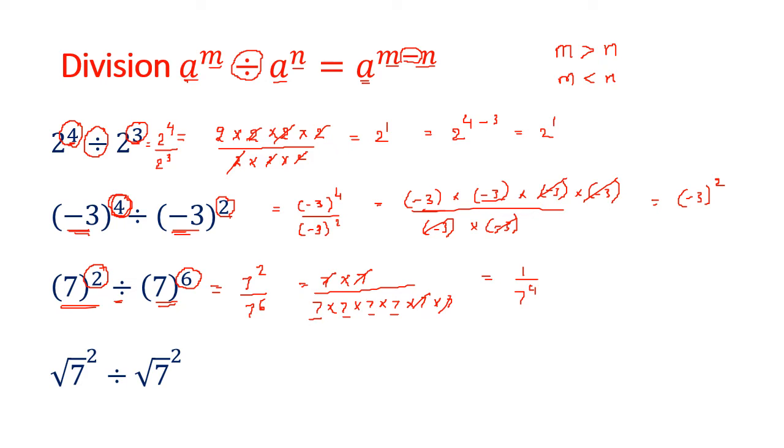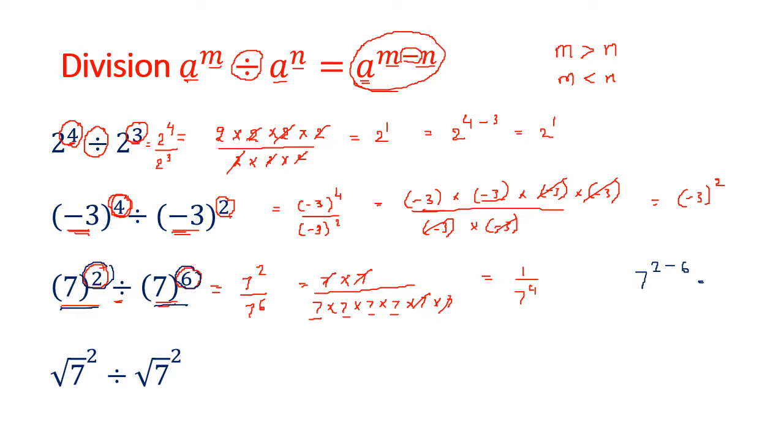Now if you wanted to write it in this form, what would we get? Let us check. Using this formula, 7 raised to 2 divided by 7 raised to 6 is 7 raised to 2 minus 6. Why? Because 7 raised to 2 is the numerator and 7 raised to 6 is in the denominator.